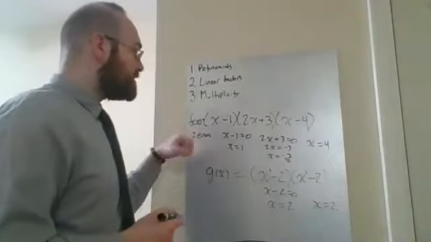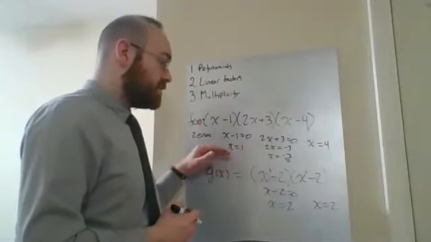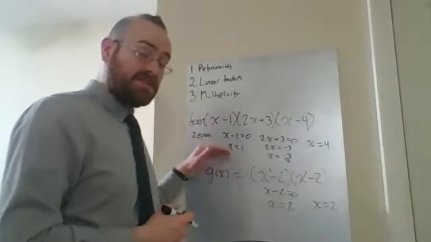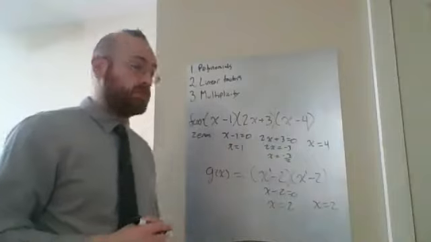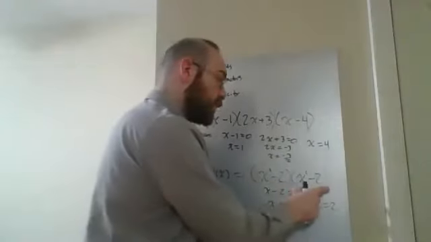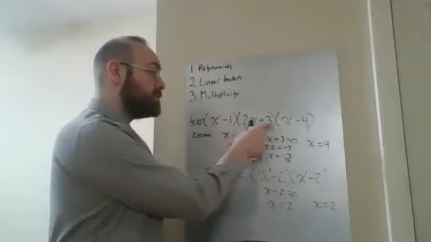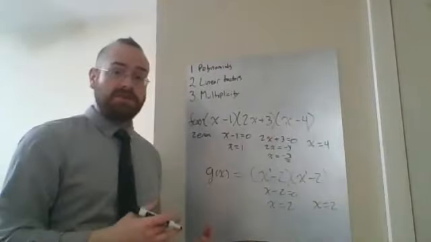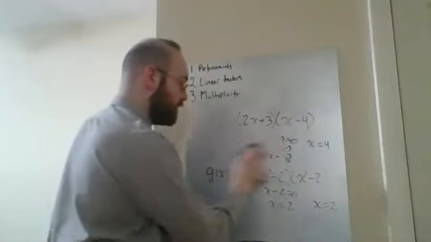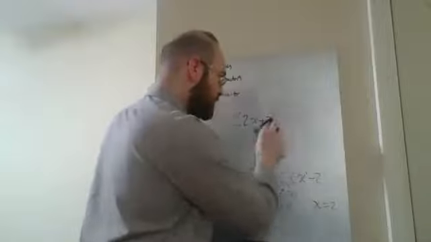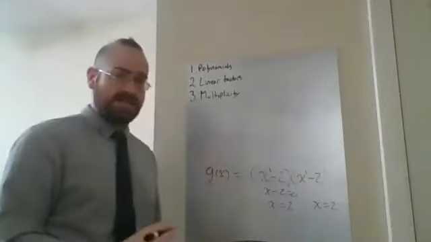So the multiplicity of a 0 is the number of times that that 0 appears in the linear factorization of a polynomial. This factor appeared twice, so the multiplicity is 2. Each of these factors appear only once, so the multiplicity is just 1. But there's something even more exciting, because this expression for g of x is not simplified.